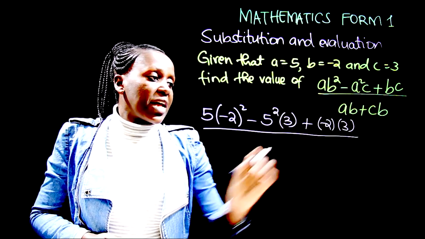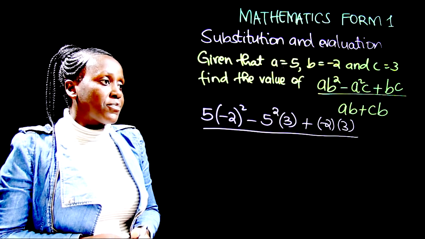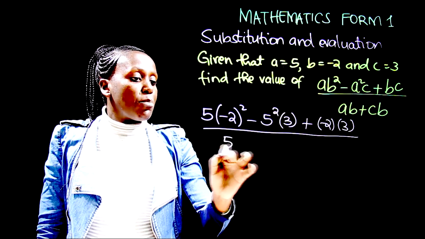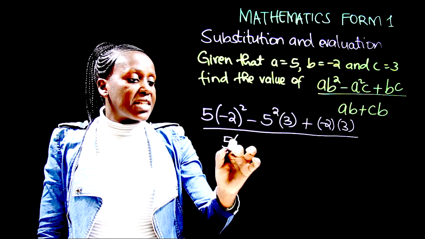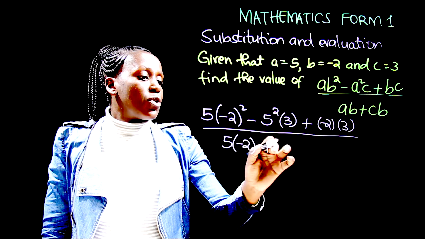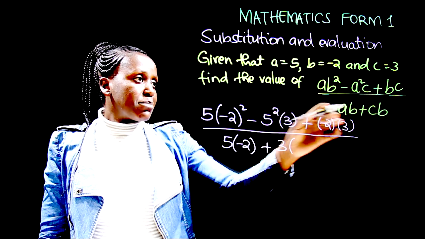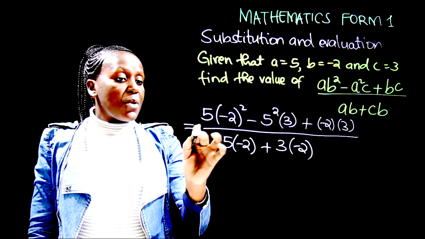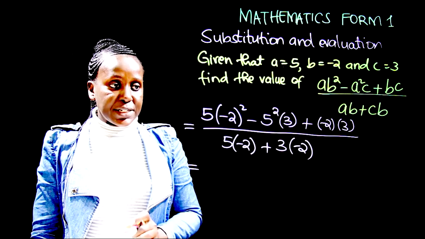So all we are doing right now is substituting. Then next, a is 5, multiplied by b, which is -2, plus c, which is 3, times b, which is -2. So now we are going to evaluate.